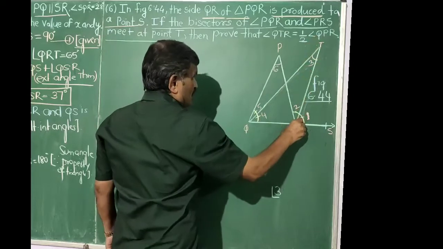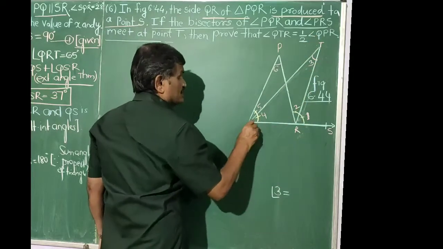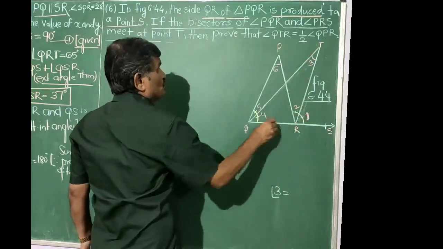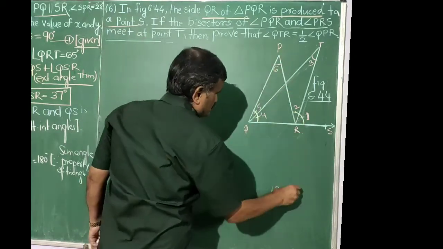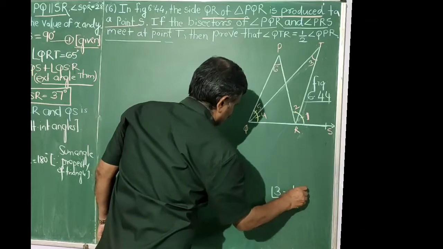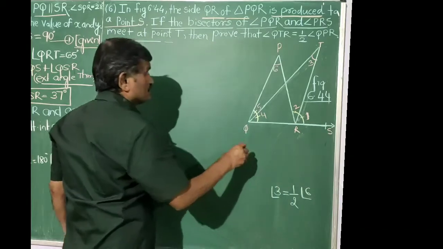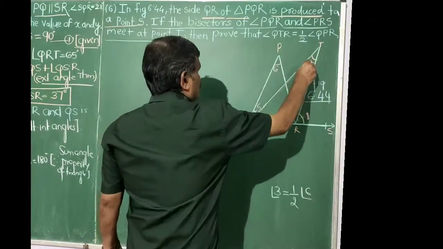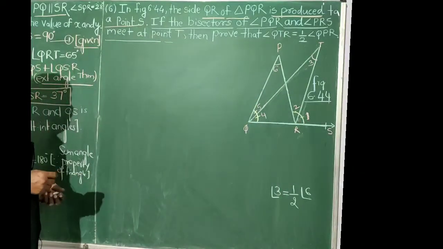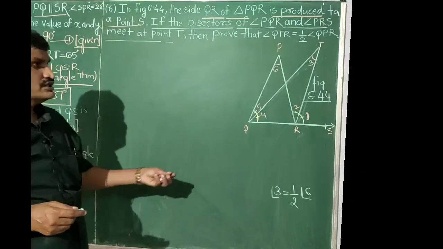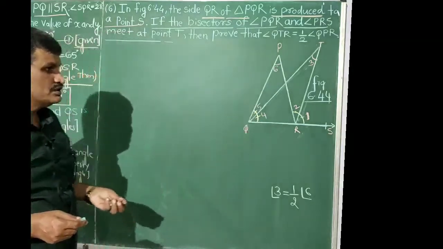QTR means angle 3. Angle 3 should be equal to half of angle 6, because QTR is angle 3 and QPR is angle 6. For the sake of convenience, I have taken the angles as 1, 2, 3, 4, 5, 6.